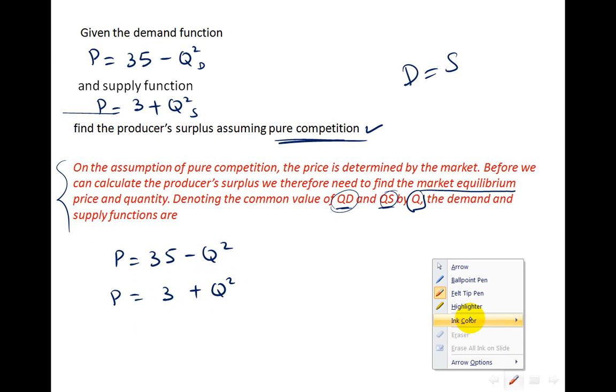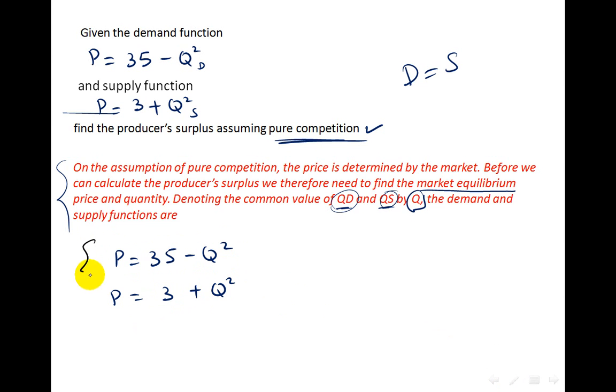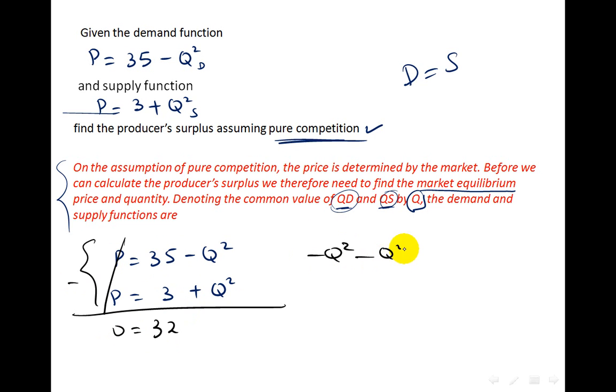Here, if you want to eliminate this one, simply subtract. P minus P will be gone. 35 minus 3 will be 32. Here we will be left with minus Q squared minus Q squared, which gives minus 2Q squared. So you can bring this one back: 2Q squared equals 32.